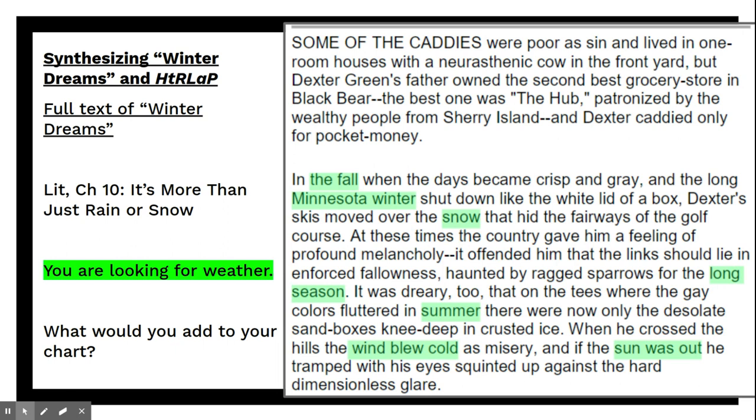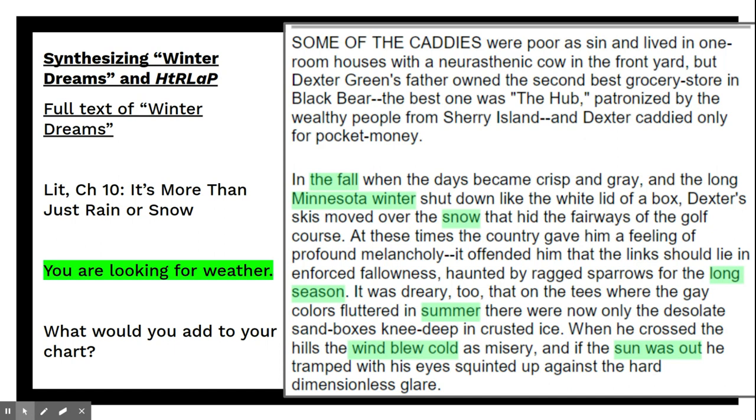This next one, chapter 10, it's more than just rain or snow, does have some correlation to the first two paragraphs of our short story. So what I've done here is highlighted the different parts. We have the mention of the fall, the Minnesota winter, the snow, the long season, summer, the wind, and the sun.